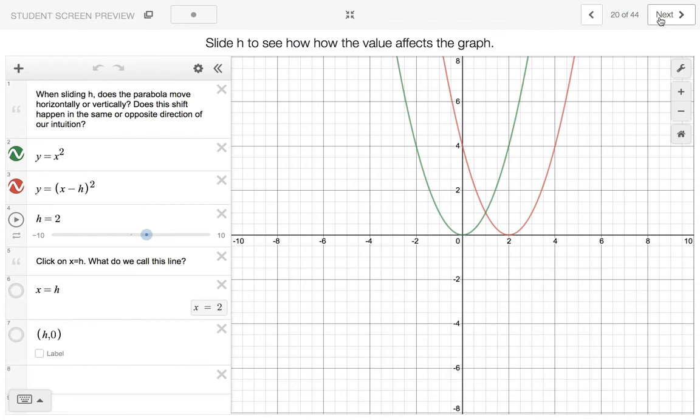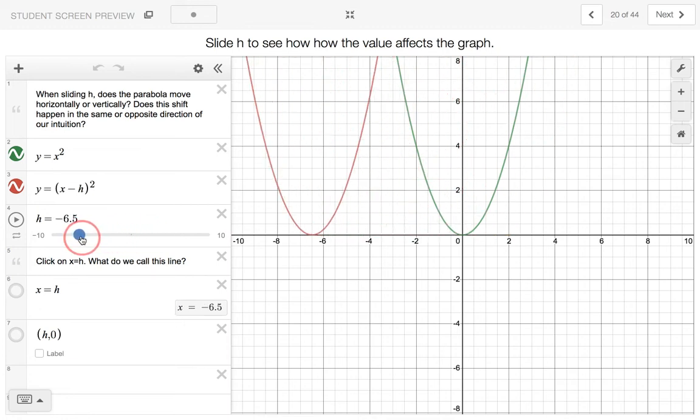Okay. Now we're going to look at the h value. In this particular function, notice that this is a -h, but h is positive. So whatever happens to h, what direction does it move it? As I'm down here at -6.5, my graph is way over at -6.5.